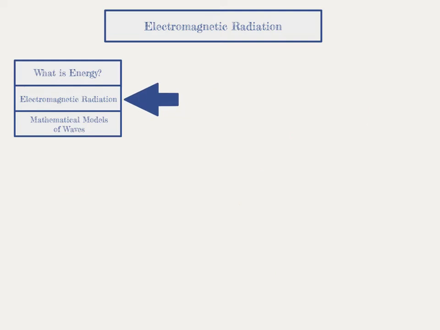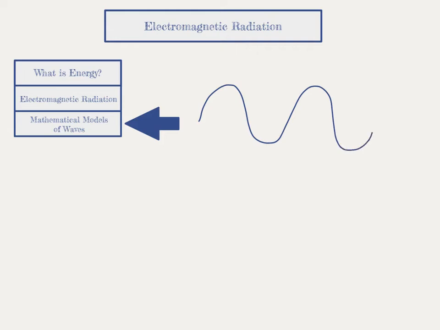So, if you haven't guessed, electromagnetic radiation is pretty weird. What you need to know for now is that it is a type of energy and that it behaves like a wave. This means that we can model electromagnetic radiation with mathematics. To talk about this type of energy, we'll need some vocabulary.